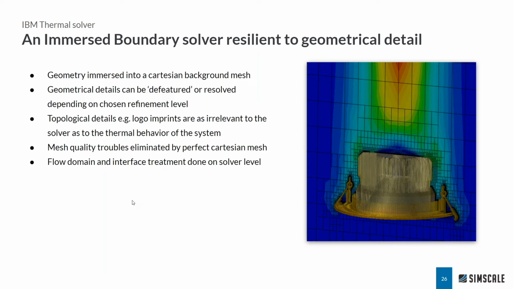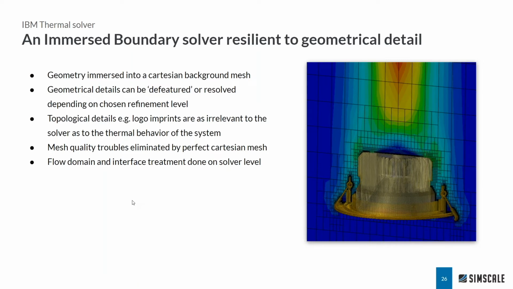Now, once we get the tessellated parts, we create a background mesh, which, as you can see in this picture, is essentially just boxes or hexahedrons. Why is this important? Because at the crux of the solver, it's still the standard finite volume discretization. And finite volume discretization really likes hexahedral mesh elements from the mesh quality and stability point of view.